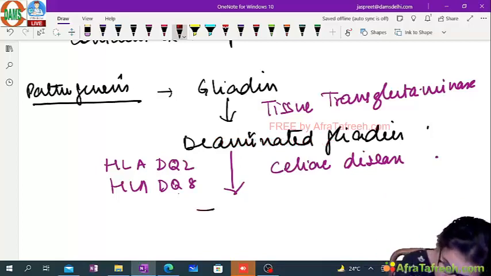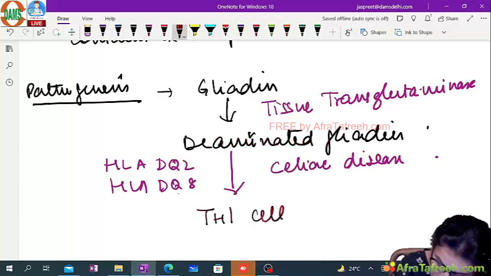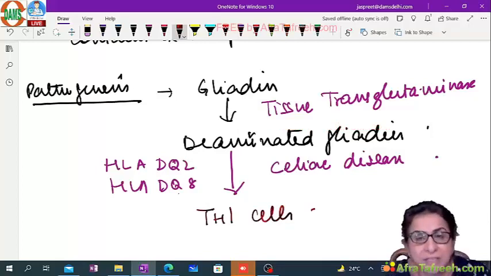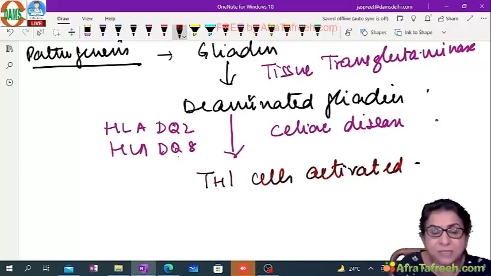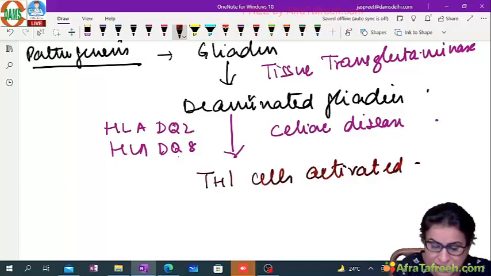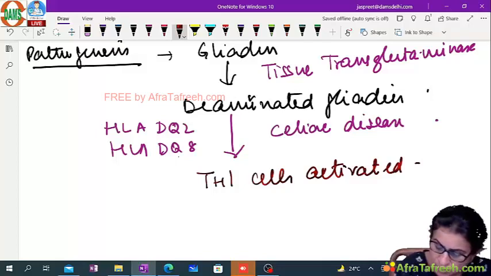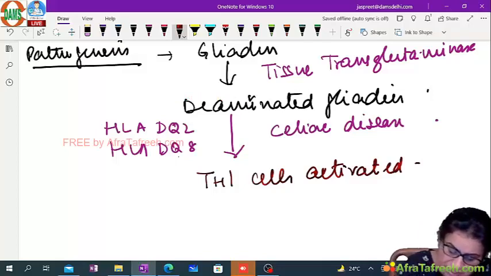They present it to T helper 1 cells, and T helper 1 cells get activated. Deaminated gliadin is presented by antigen presenting cells.